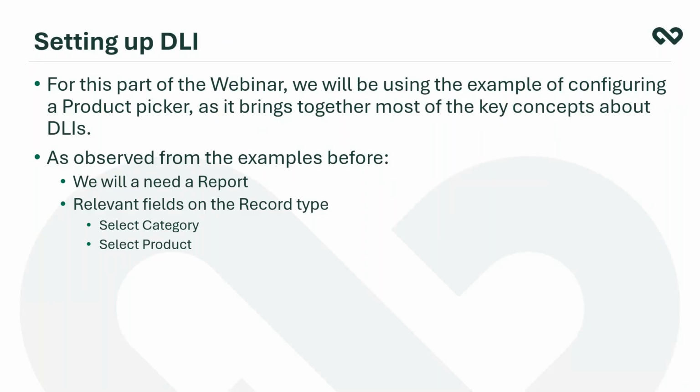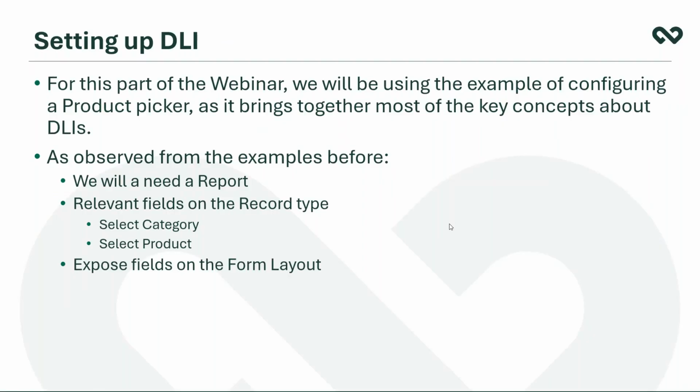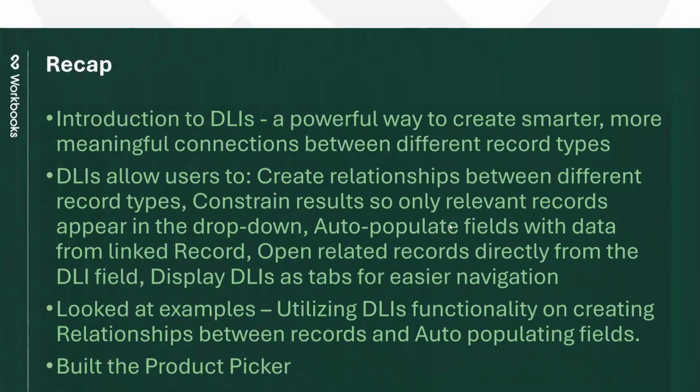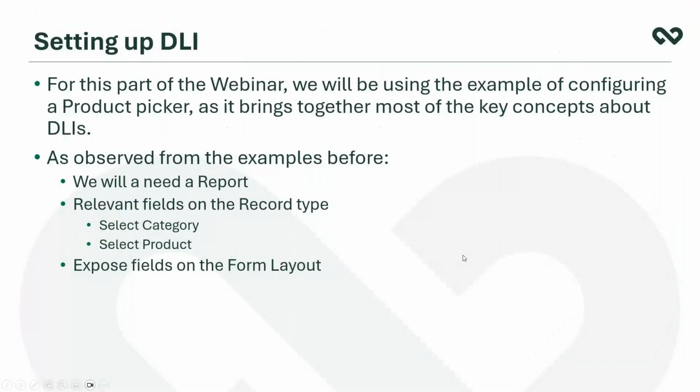What we will be doing is using the select category to constrain the results that show up on the select product field, which we'll see in a minute. Again, as I mentioned, we'll need to expose these fields on the form layout. So, let's just quickly jump into the product now.